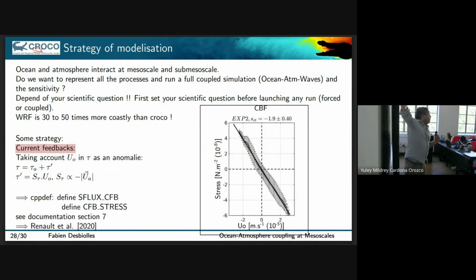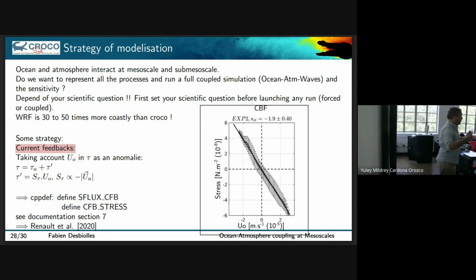There is a parameterization for the current feedback. So with the first CROCO, you can use the parameterization of Renault et al. 2020. Okay. Which is actually the evaluation of an anomaly of the stress due to the surface current and this linear relationship that is found. The thermal feedback is way more complicated because that involves mixing in the atmosphere.